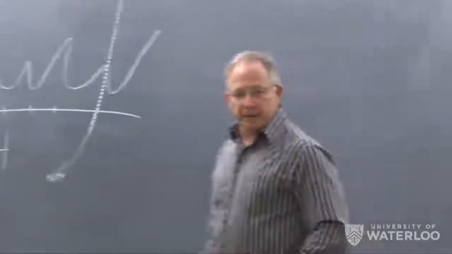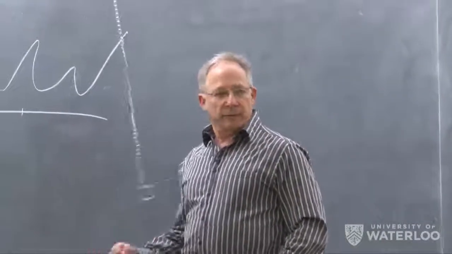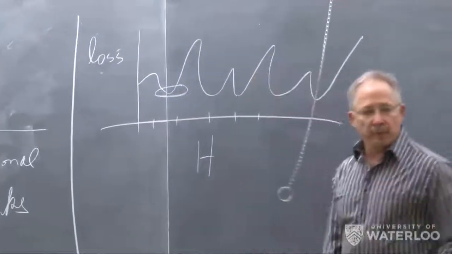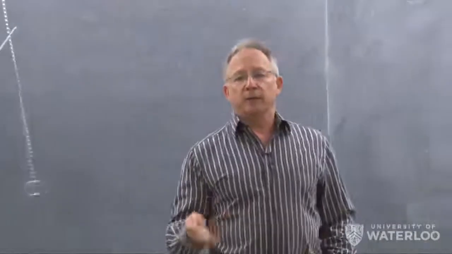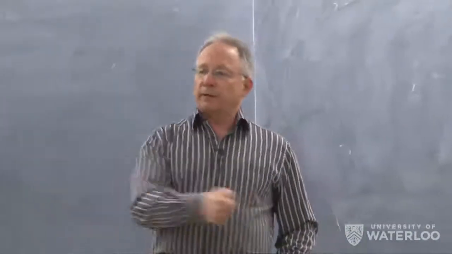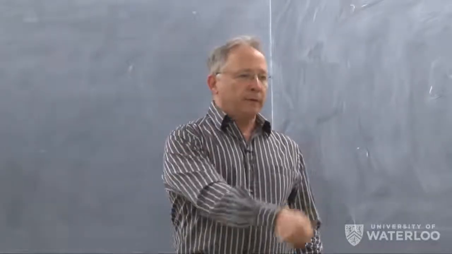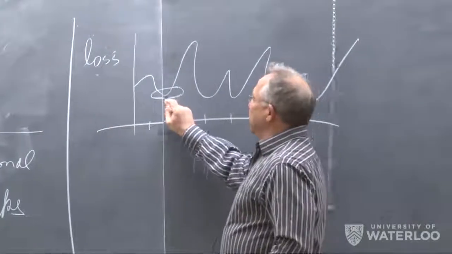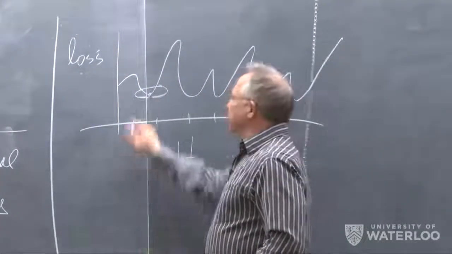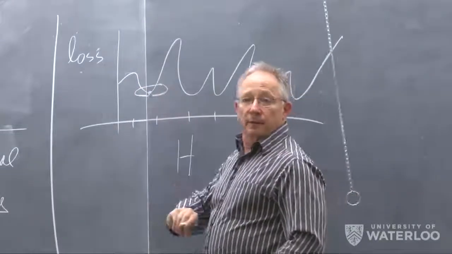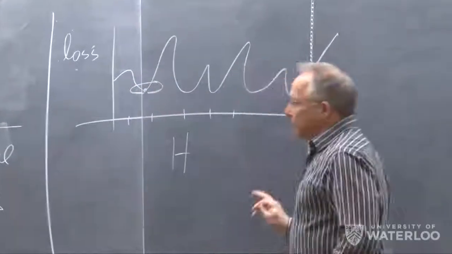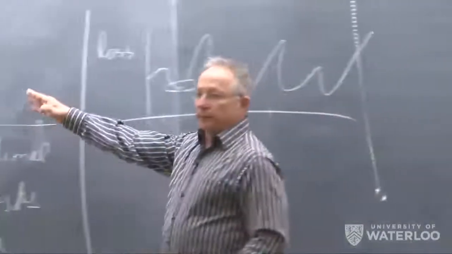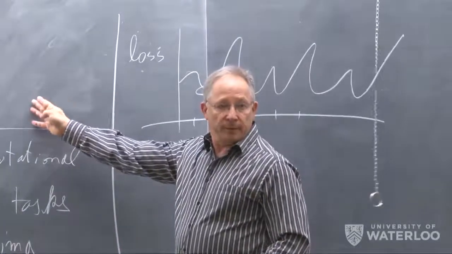I want to find the minimizer, and the major obstacle is the existence of local minima. If I did not have local minima, I could use some kind of greedy search: start with a point and keep going in the direction that improves the loss. But if I have local minima, the greedy approach may get stuck in some local minimum and will not converge. So this is really a major problem. Once we overcome the problem of local minima, many of those optimization problems become feasible.